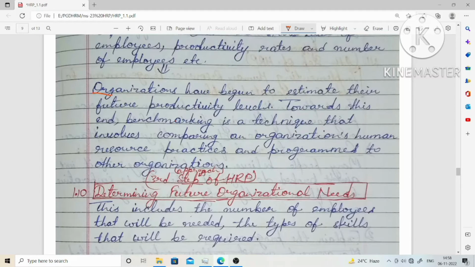Organizations have begun to estimate their future productivity levels. Toward this aim, benchmarking is a technique.